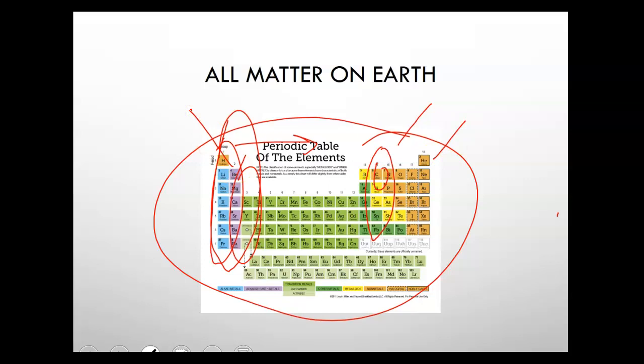The hydrogen atom is the simplest atom we have, and in the middle here we have metals. Metals have the characteristic of having high density, and they also have loose electrons at the outer orbit. So if we say this has 4 electrons and this has 1, this probably has 2 or 3, depending.